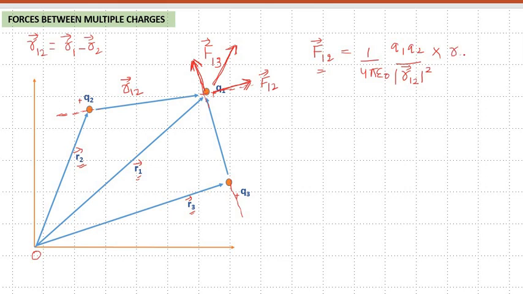So we know that R12 cap is a unit vector along F12. In the same way, I can also write down F13, force on 1 by 3, that is equal to 1 by 4 pi epsilon 0 Q1 Q3 upon the modulus of the R13 vector whole square, times the R13 unit vector, right?